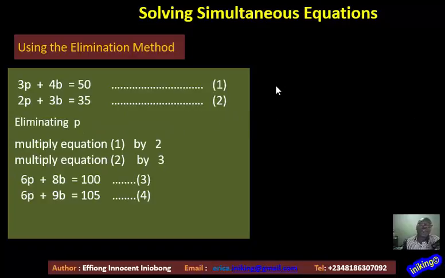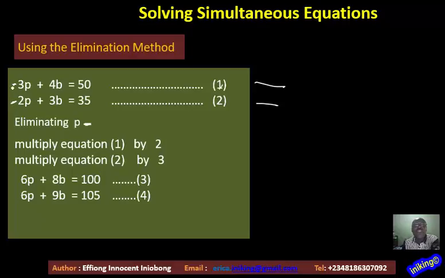Now, how do I eliminate? I look at equation 1 and equation 2. I decide I want to eliminate P. For me to eliminate P, in equation 1, P has a coefficient 3, and in equation 2, P has a coefficient 2.